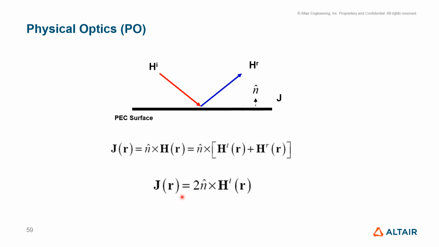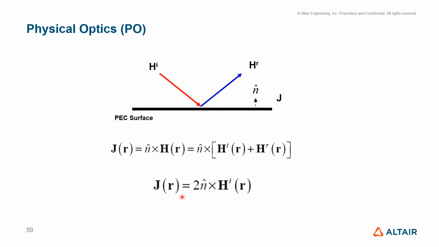But even when you make those structures finite, physical optics seems to give a reasonably good answer with this approximation of 2n cross H. If we can discretize the object with flat triangles, each flat triangle can be considered as a flat plate, and the current can be computed with 2n cross H, where n is the normal to that particular triangle.